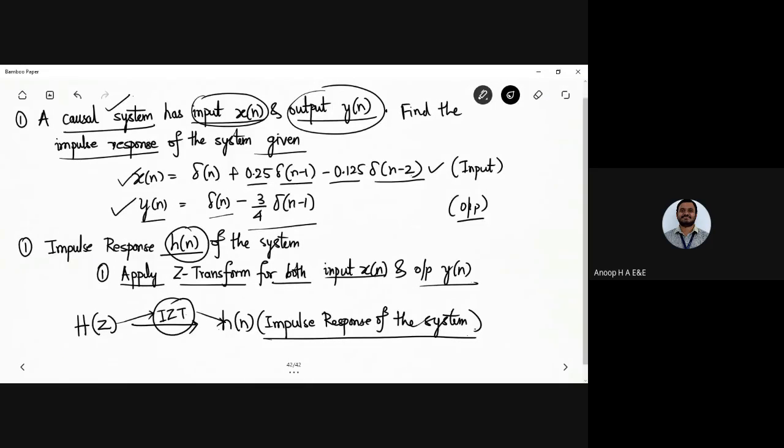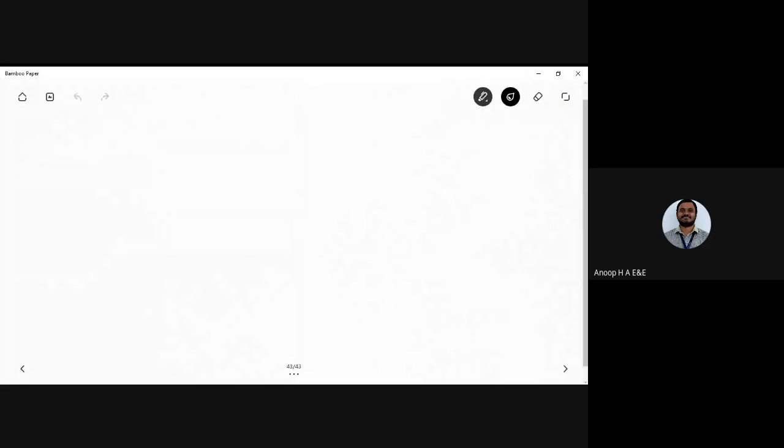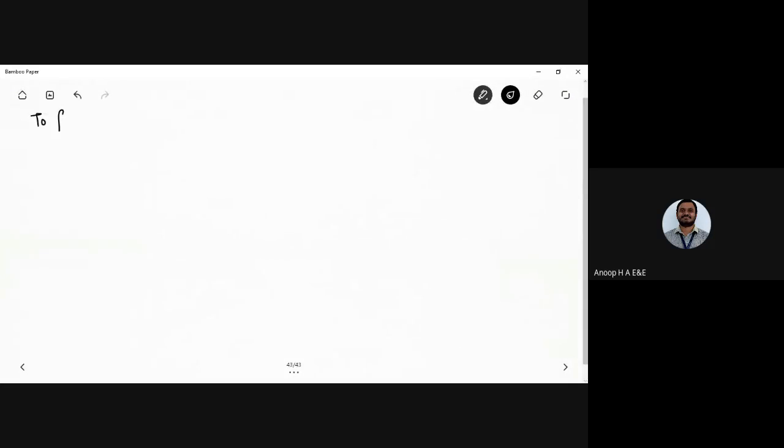So let us move ahead with finding x of z. To find x of z first, let me write down x of n equal to delta of n plus 1 by 4 delta of n minus 1 minus 1 by 8 delta of n minus 2.